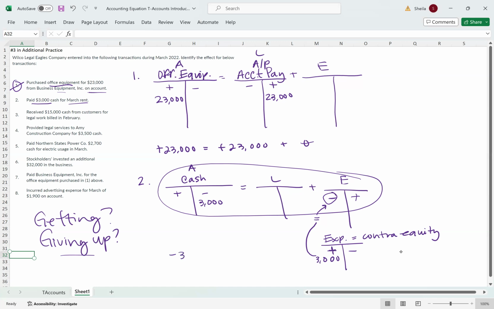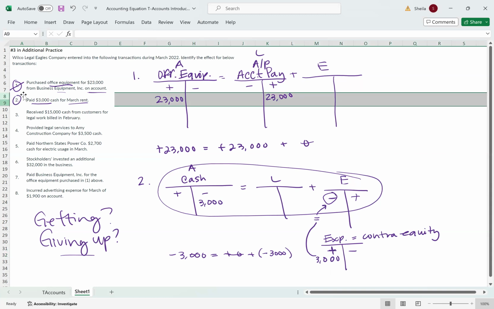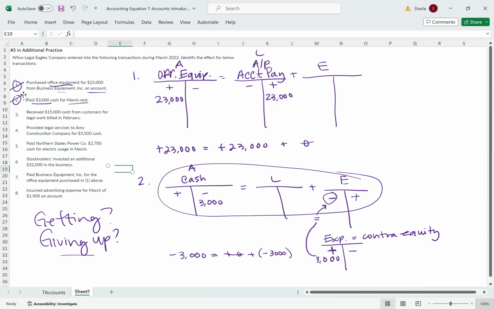So I have a negative 3,000 on the left, no impact to liabilities, and that's okay, plus a negative 3,000 in my equity. And so as a result, I'm in balance. So stop right there for a moment, spend a little bit of time making sure that you feel comfortable with how expenses work, and then we'll wrap up the rest of these in another video.